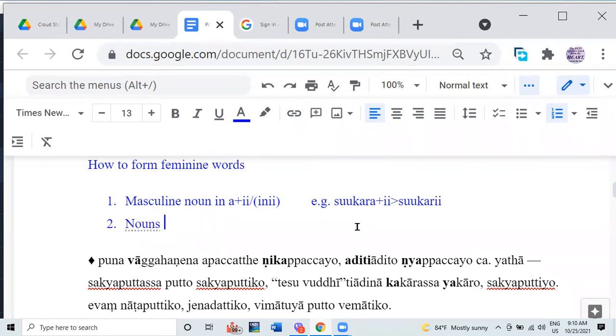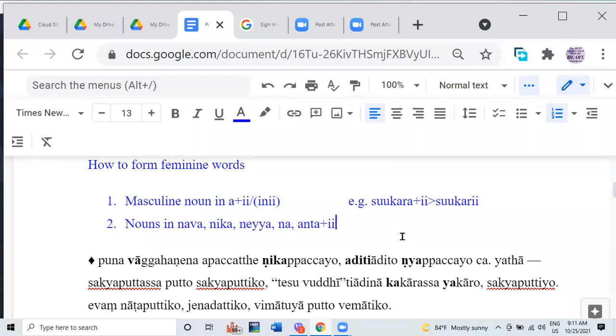So nouns ending in nawa, nika, nia, na, manika, nia and ta take only the ī suffix.